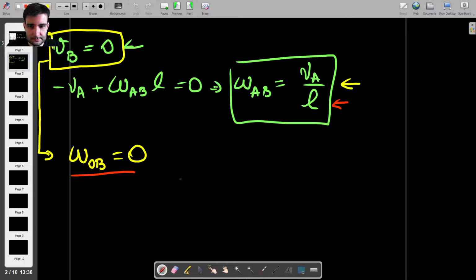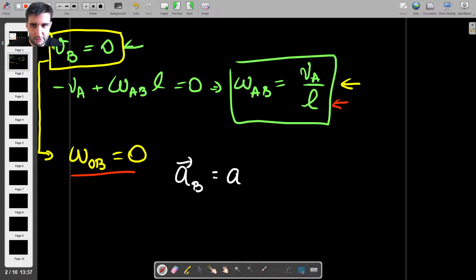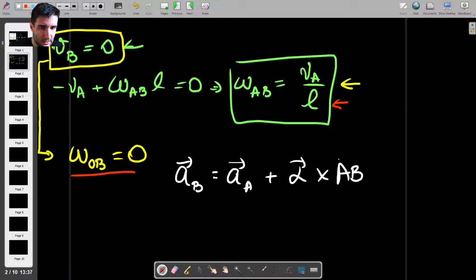So first of all, I'll say that the acceleration of B equals, and then I will place my coordinate system here again, like that. And we have that the acceleration of B is equal to the acceleration of A, plus alpha cross the position vector of B, which is AB, and then minus omega squared AB times AB.